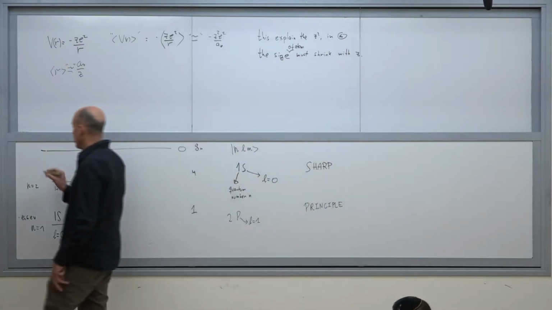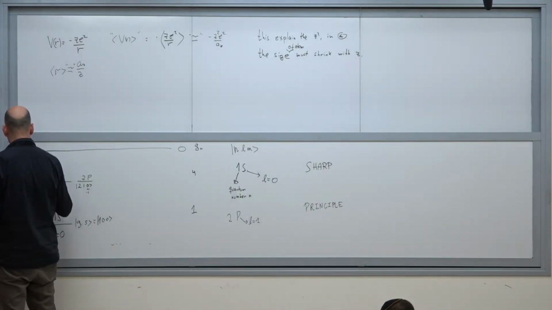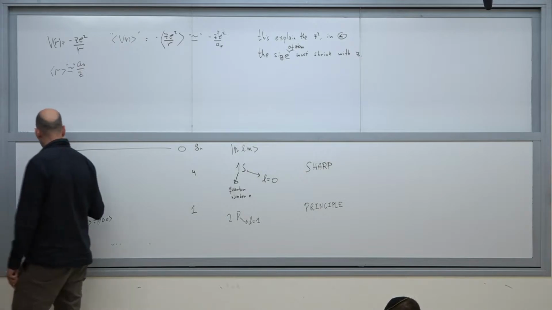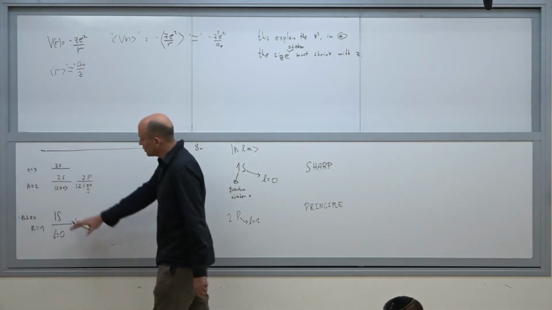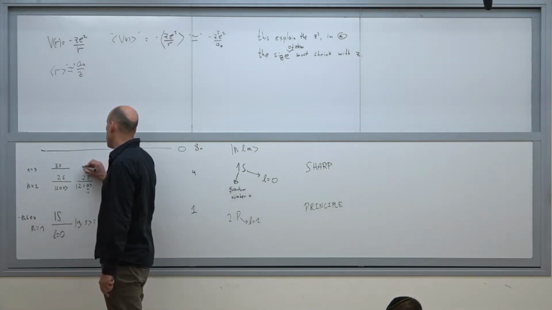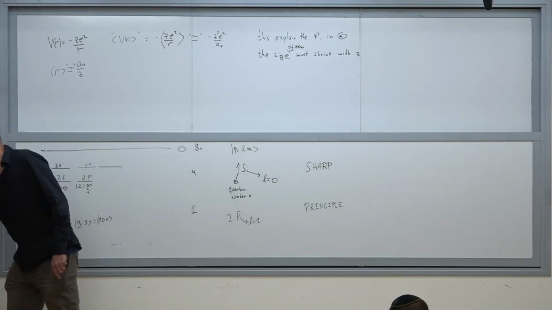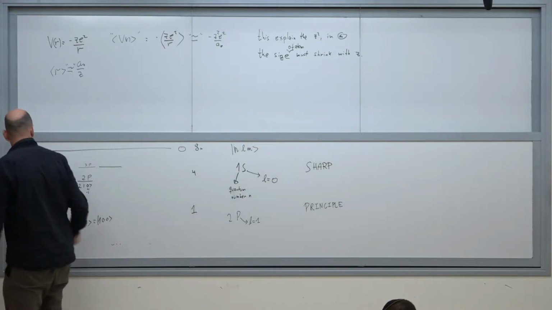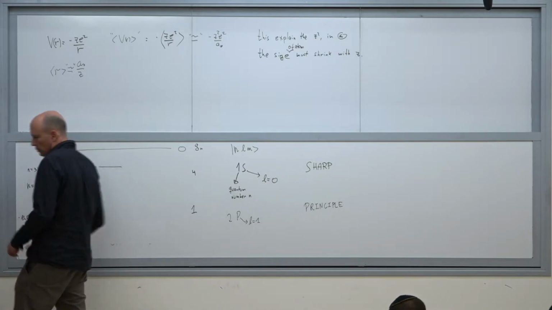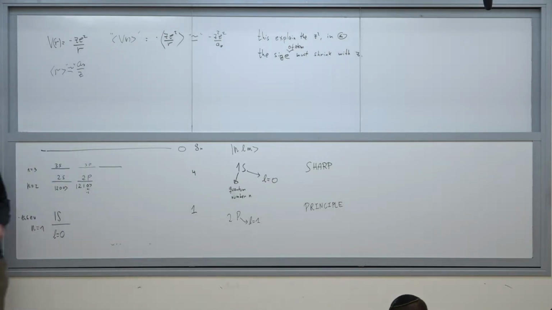Now we have here n equals 3. It's not so surprising. Here I'll have 3s, with L equals 0, and here something we call 3p. And here I'll have something new, which is d: 3d.